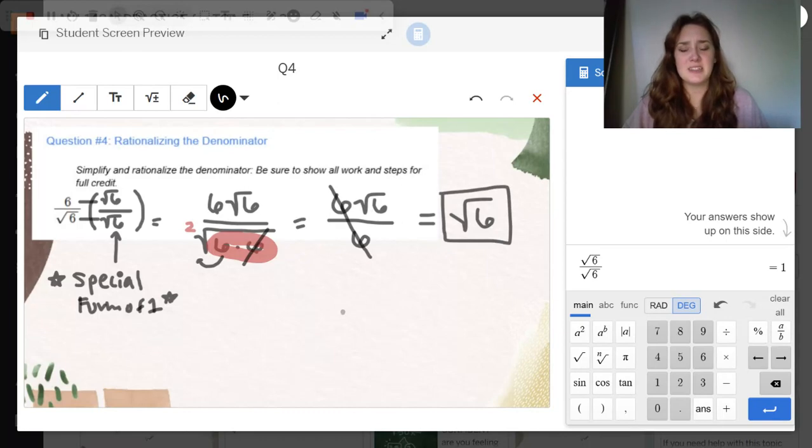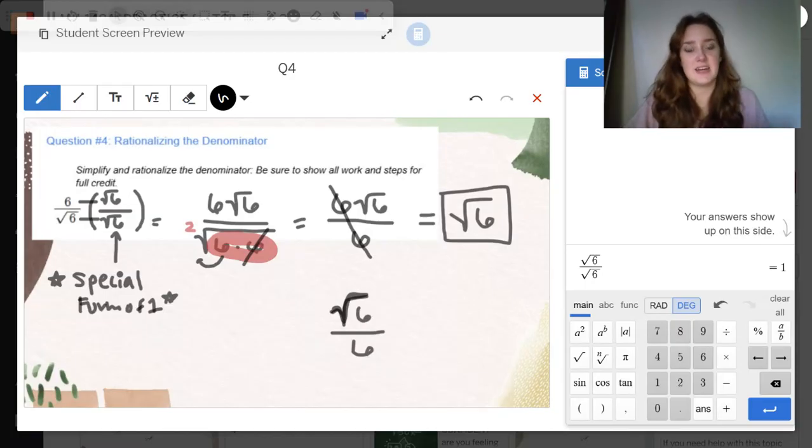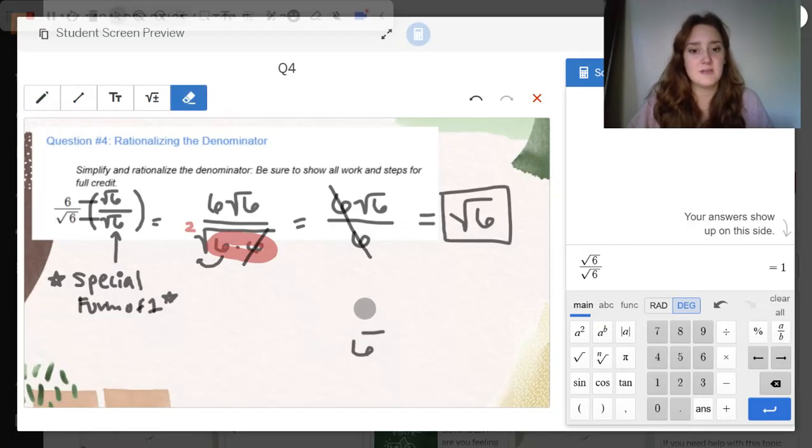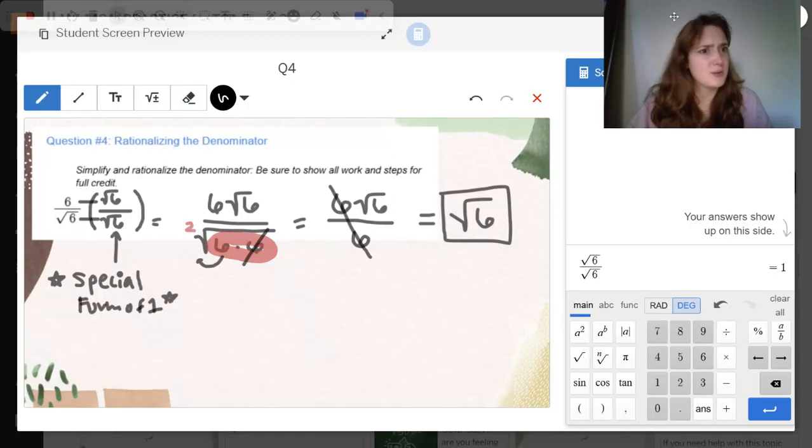If you see one like rad 6 divided by 6, we can't cross them out. We can't cancel them because this is a radical. I know it's kind of weird. Radicals are strange. We can simplify them, and we also kind of treat them as variables, and we'll see that on the next question. But in this case, rad 6 was the answer for question 4.